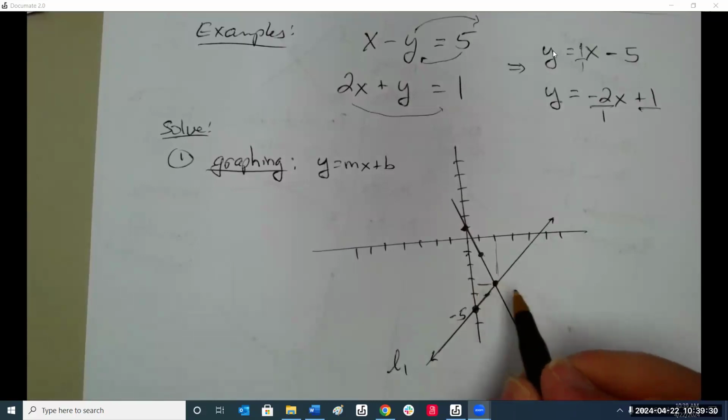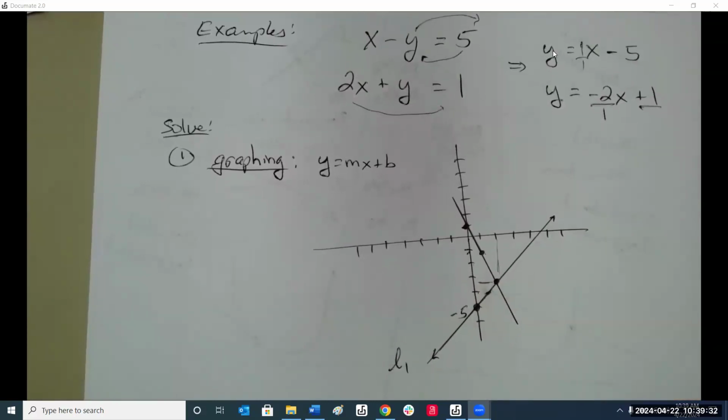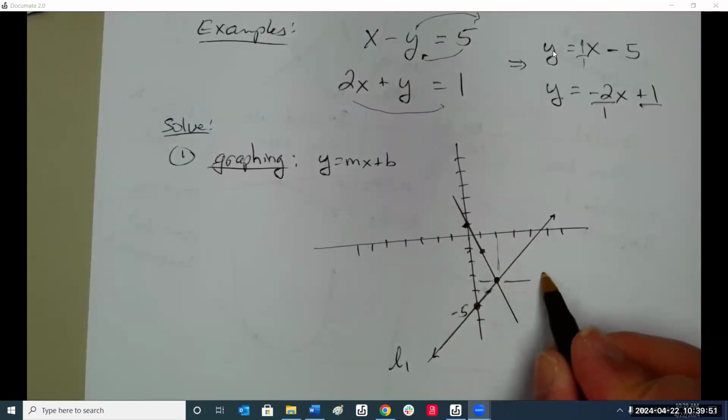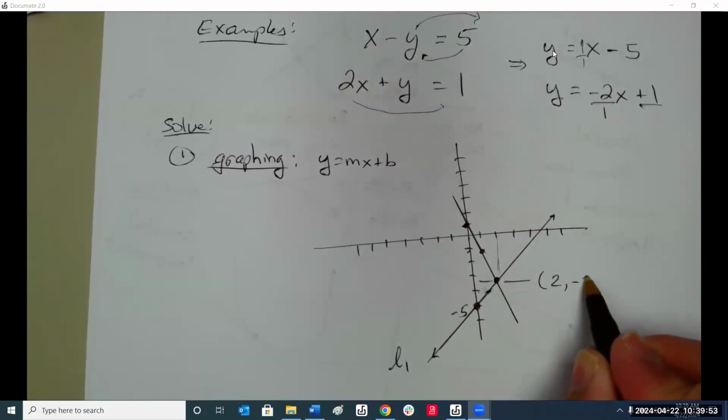And I'm guesstimating my solution is going to be at where? I'm saying my solution is going to be at 2.